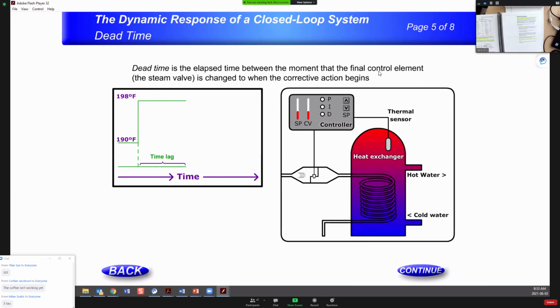It's the time between the moment the final control element is changed and when the correction action begins. So it takes so long for the setting, the sensing device, and the controller sending the signal to try to do the correction action, but nothing has happened yet.